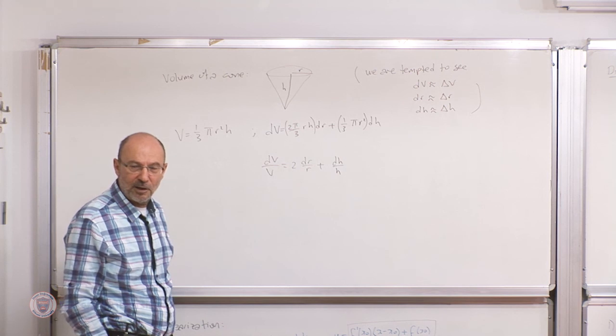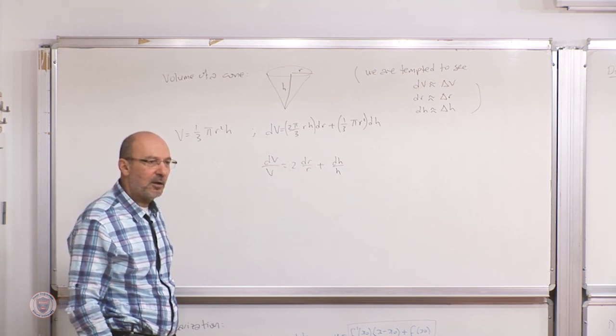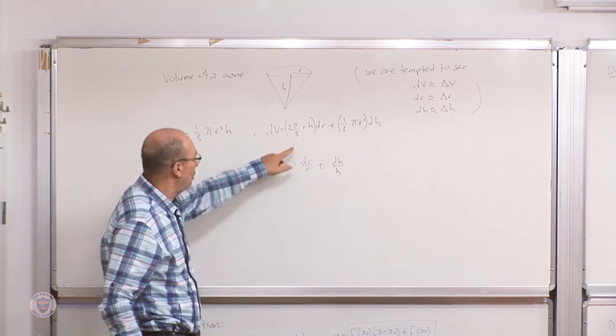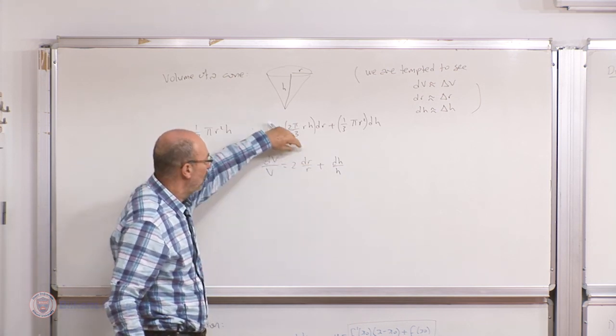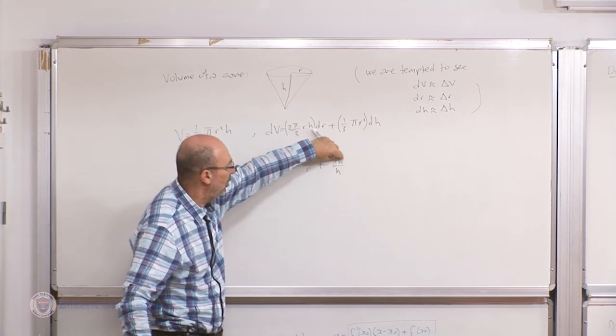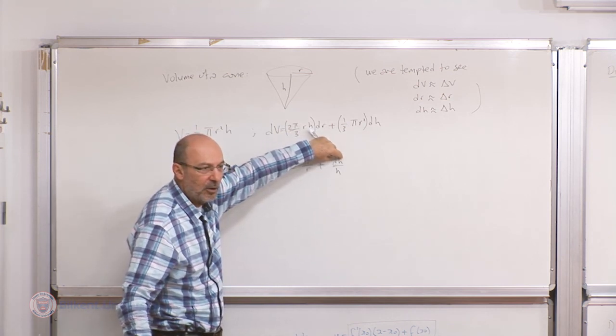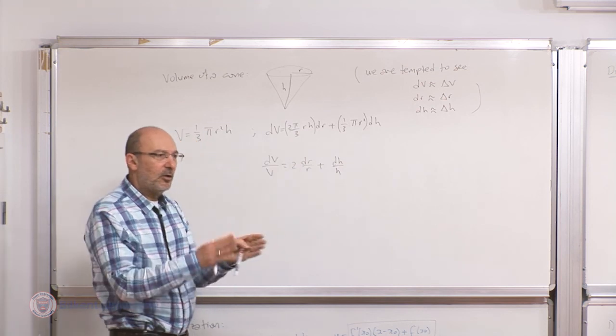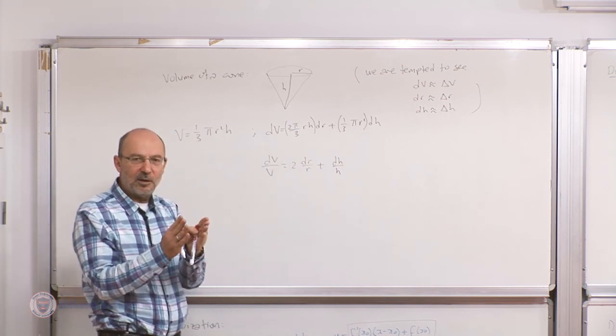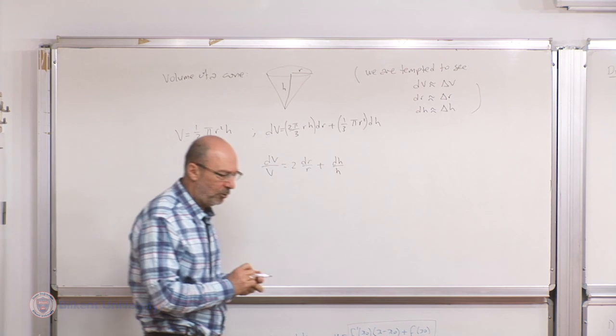There's always an error, and you say probably I'm making an error of plus or minus half a centimeter. You read this as the error in your calculations. Then your volume is between this number and this number. That's what you are trying to calculate.